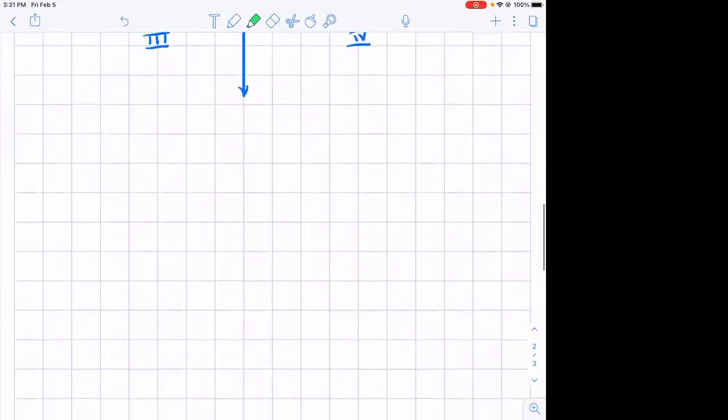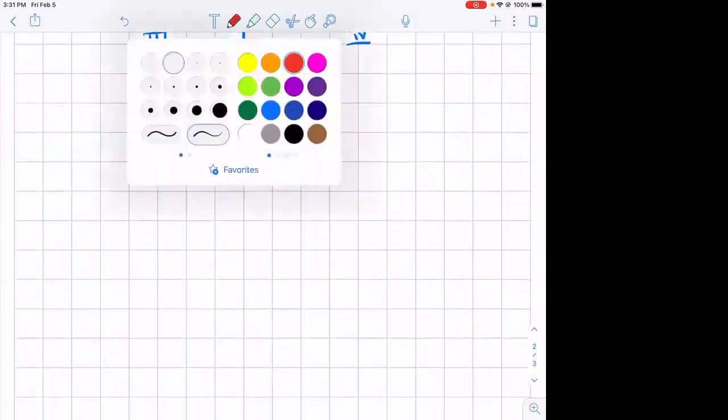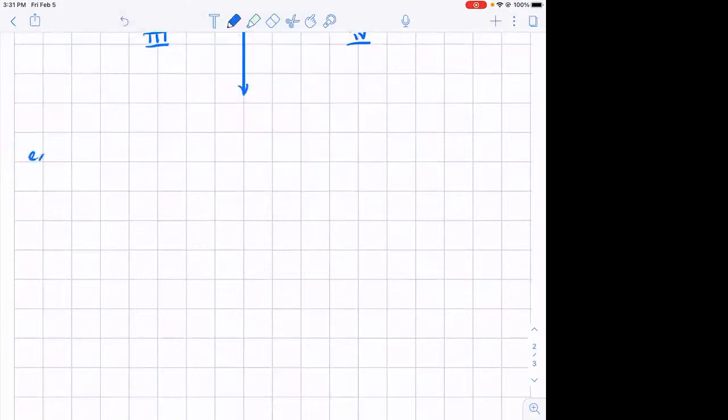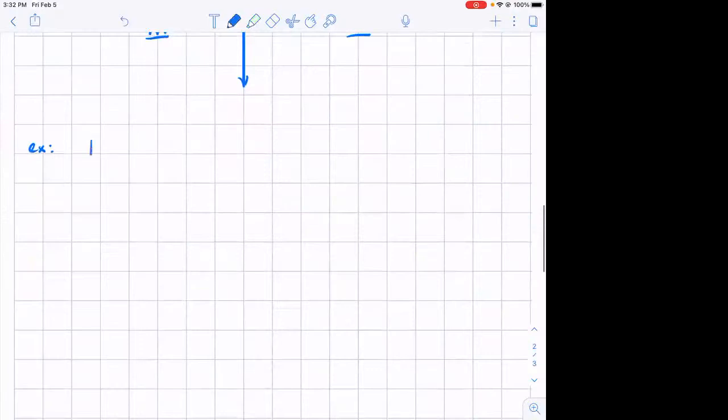For example, if we say graph, or plot, I think more commonly we hear plot, the point 3, 4.